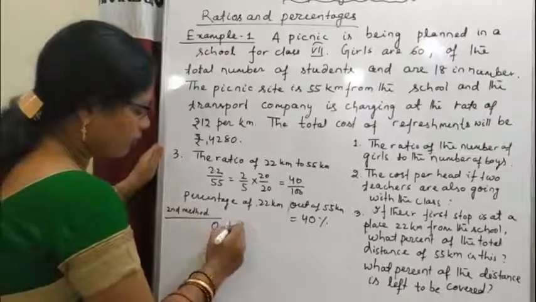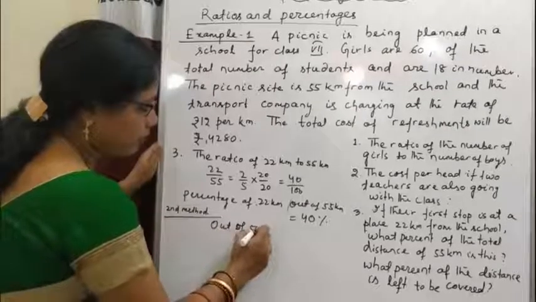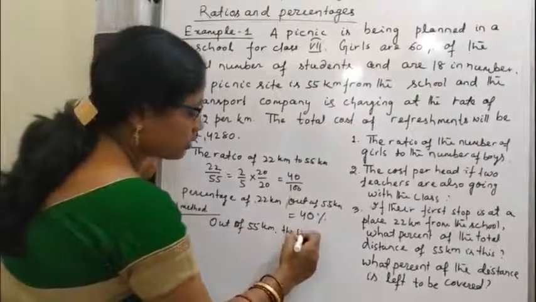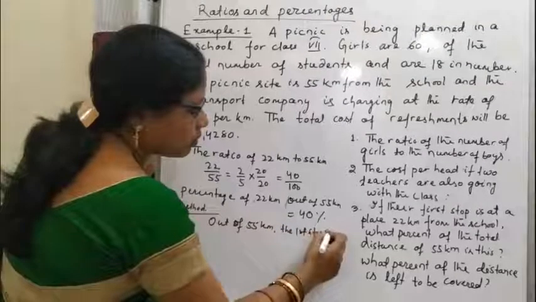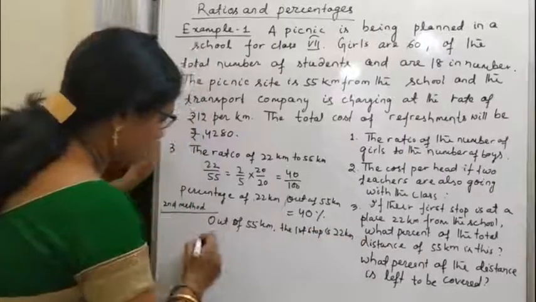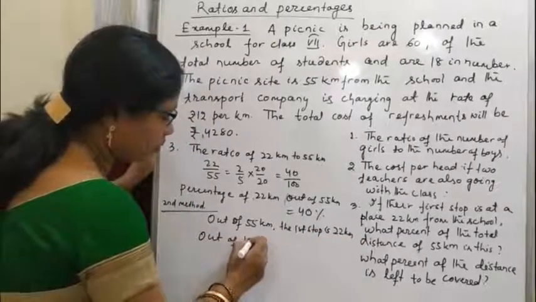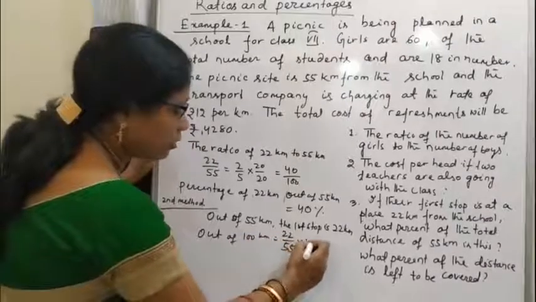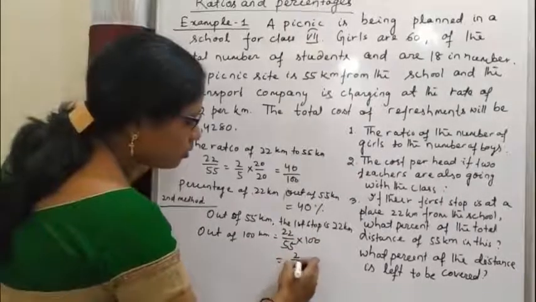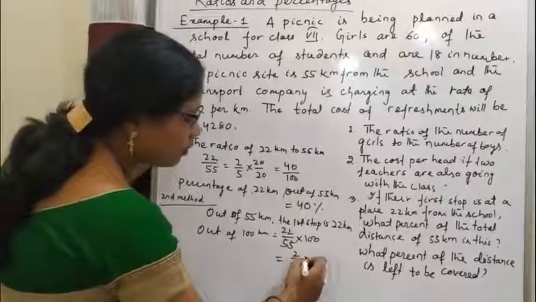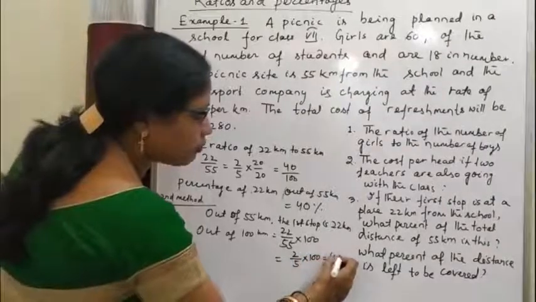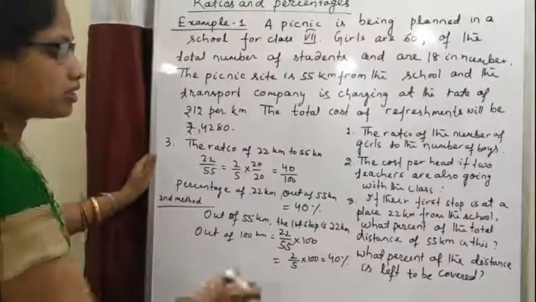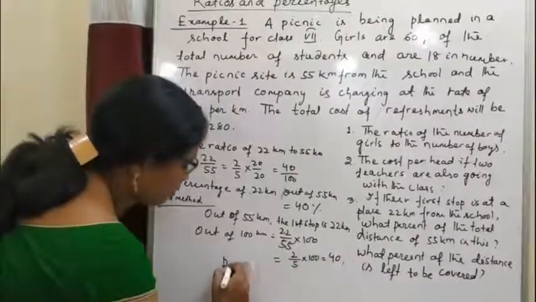Out of 55 km they traveled, the first stop is 22 km. So out of 100 km, the stop is 22 by 55 multiplied with 100. So this is equal to 2 by 5 multiplied with 100. So this is equal to 40 percentage. Out of 100, this is 40, that is 40 percentage. So percentage is 40.